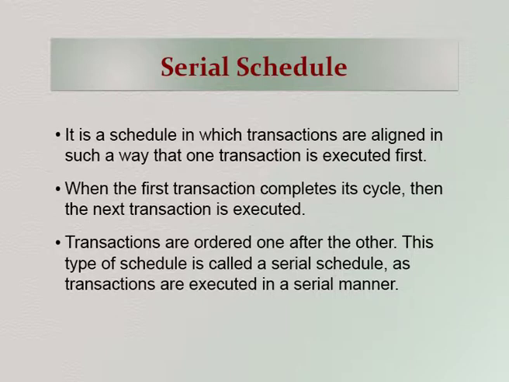This is a kind of queue, and one by one the transactions will happen in this serial scheduling. So transactions are ordered one after another. This type of schedule is called a serial schedule or a sequential schedule. As the transactions come in, the queue will be followed.